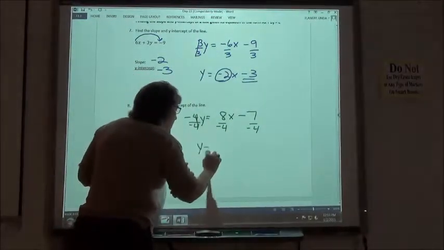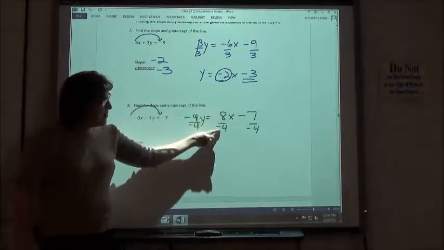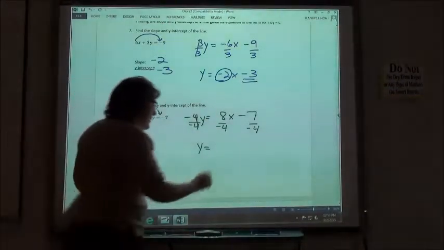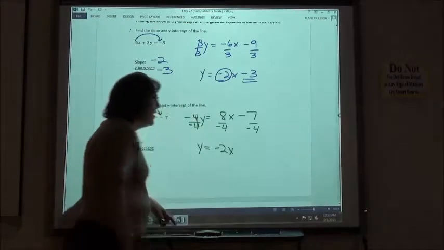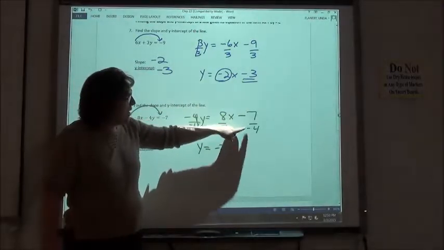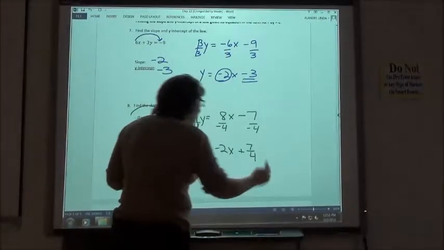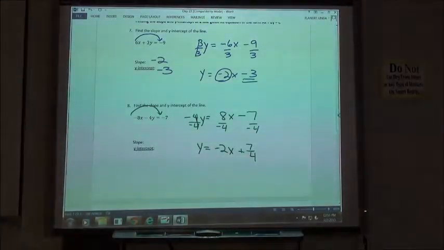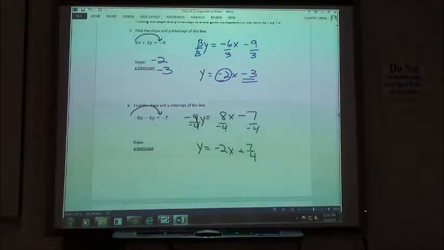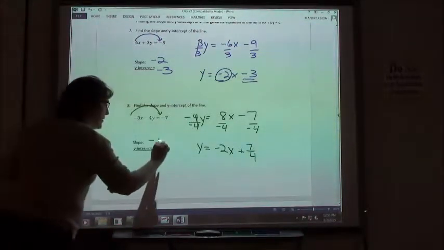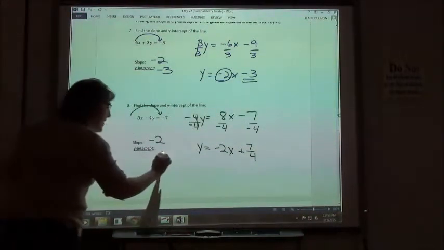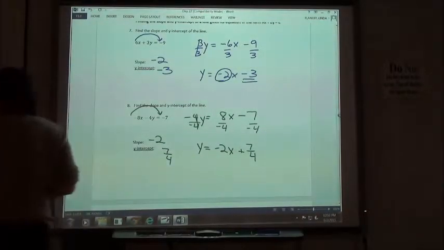So y is going to equal 8 divided by -4 would be -2x. And here, if I have a negative over a negative, it's going to become positive, but I can't do anything with that fraction, so I'm just going to have -2x plus 7/4. So my slope is the -2, and my y-intercept, the 7/4.